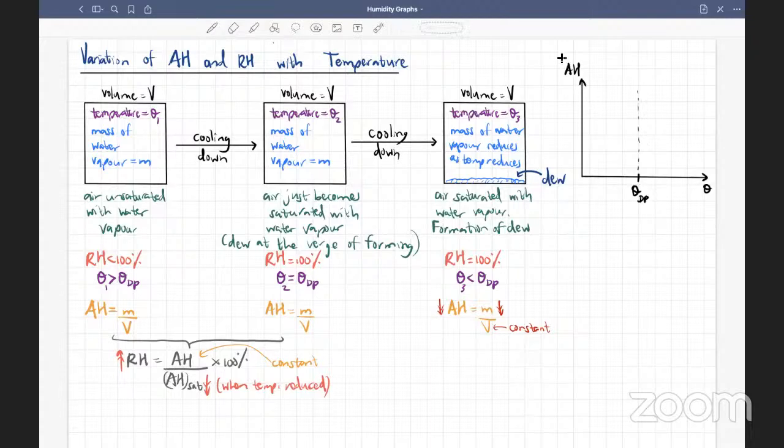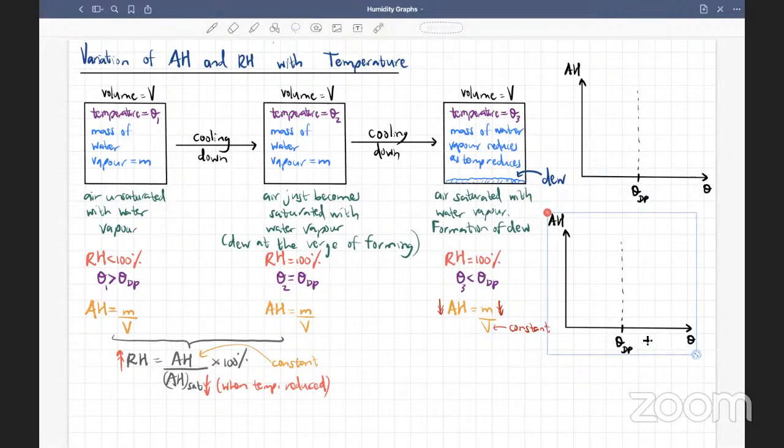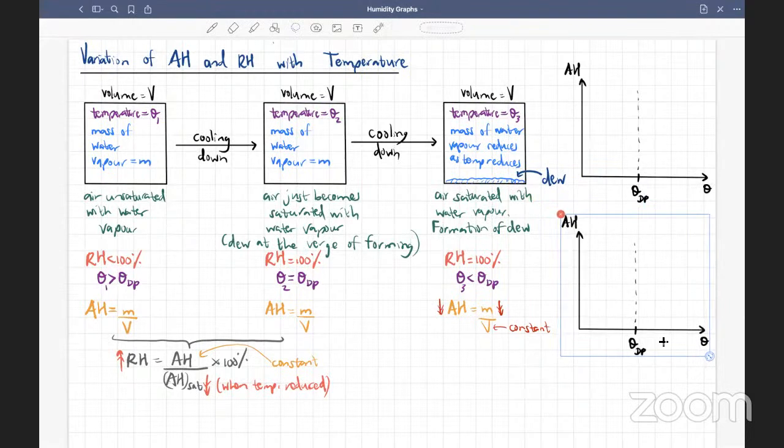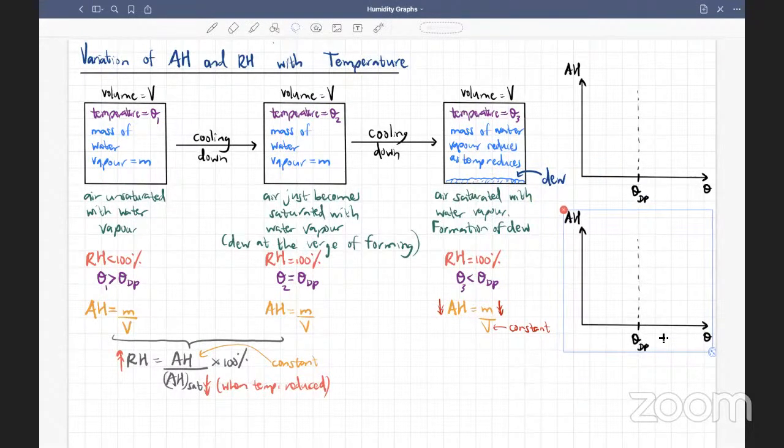Let me make a copy of this so that I can use the same frame for the RH graph as well. Only thing I have to change is the A.